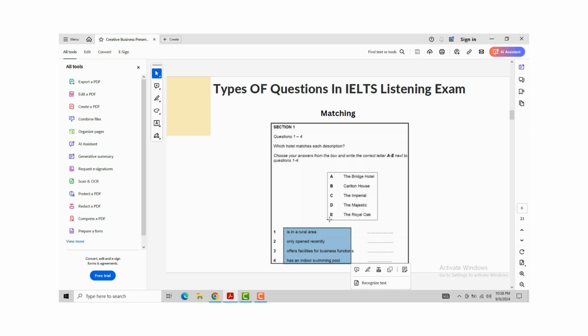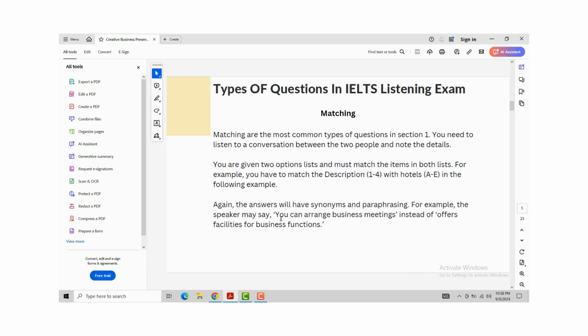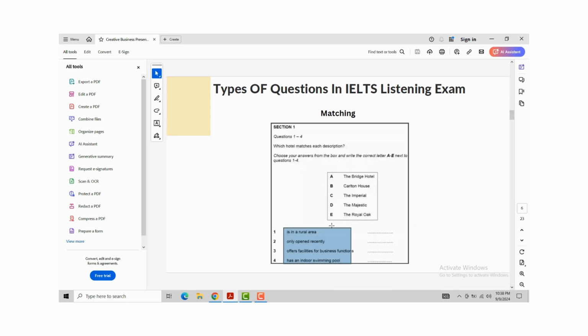The Imperial Hotel, the Majestic Hotel, the Royal Oak. So this is how you solve the matching questions. You have to match the different items from 2 lists, and write the answer in the space given. So coming back to paraphrasing, take a look at this question.